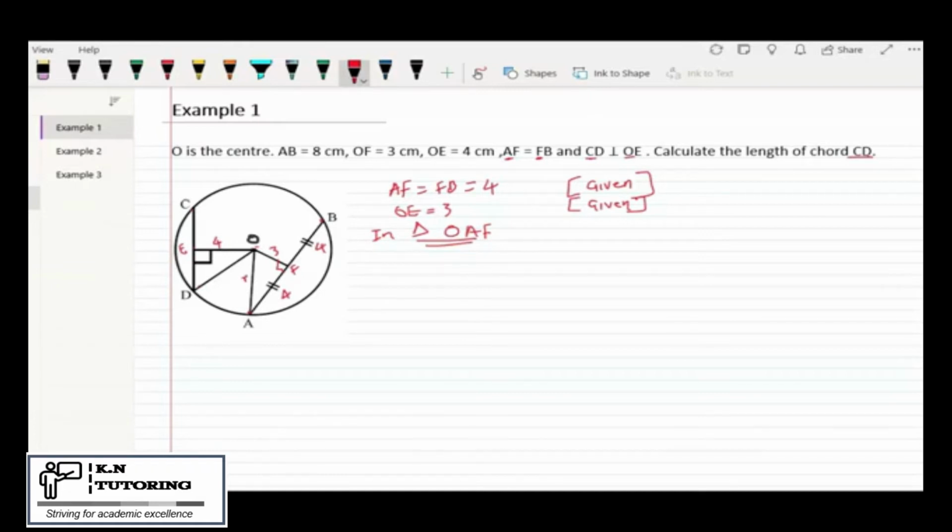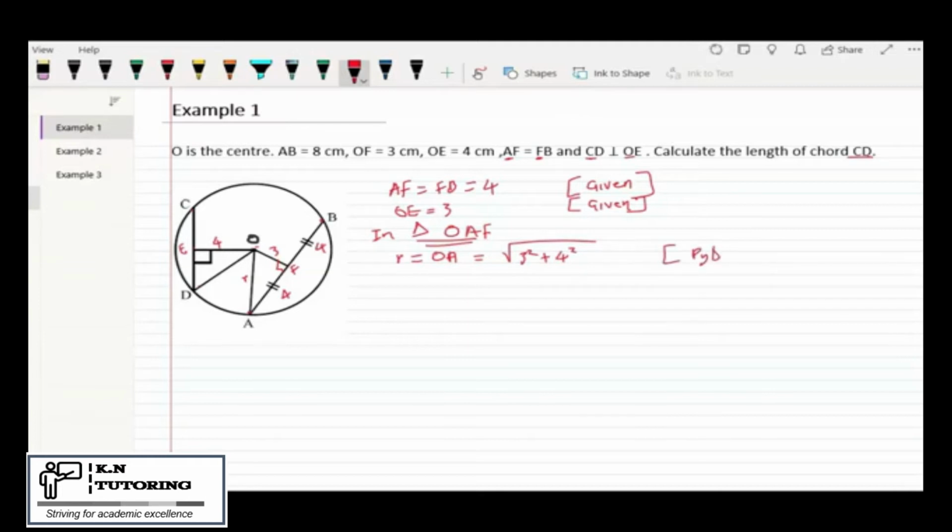So we know that the radius, which in this case is OA, is equal to the square root of, we are in grade 11 and I believe that we know how to apply the theorem of Pythagoras. So we're going to have 3 squared plus 4 squared, but I need to put a reason in there.